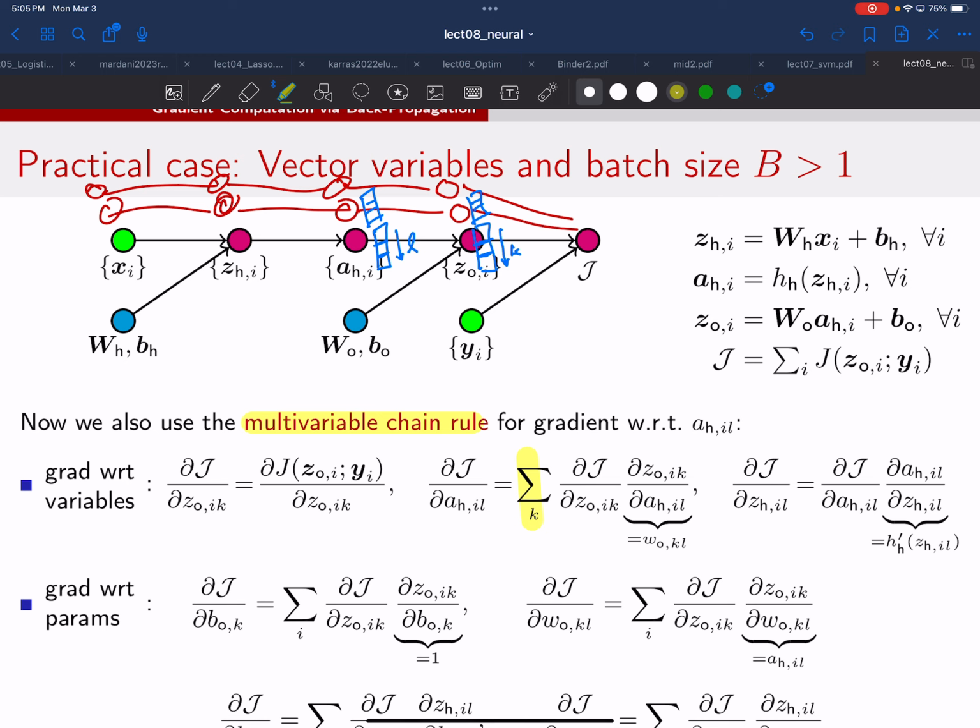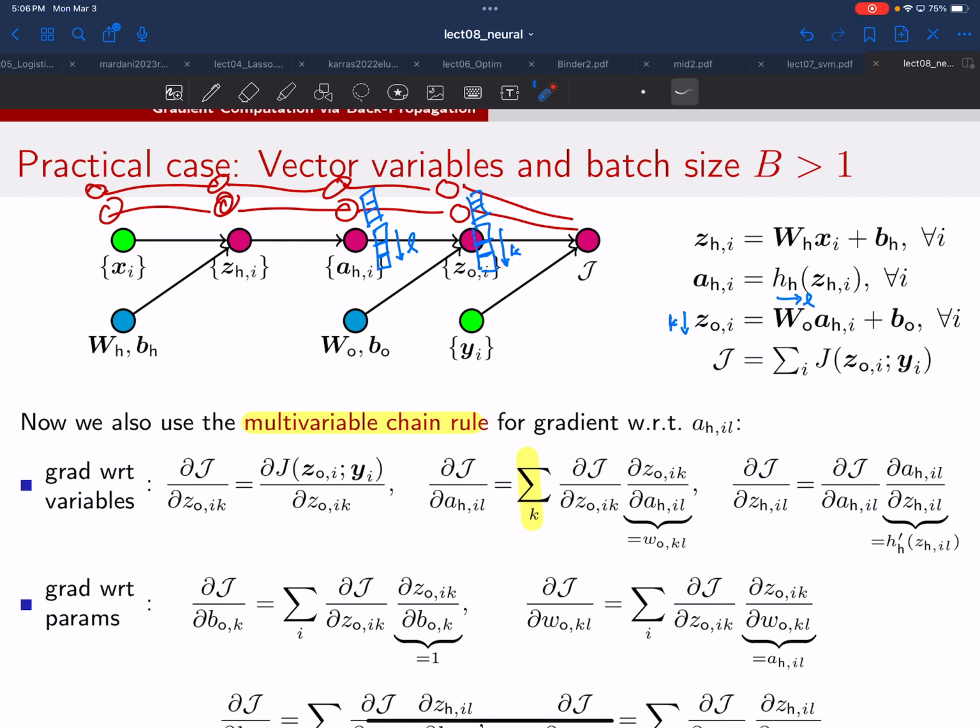And then in terms of the derivatives we have to compute, dz_i^k/da_i^l, we need to look at this equation. So we can think of k as the variable that indexes down the z vector, and we can think of l as a variable that indexes down the a vector, across the columns of this matrix.